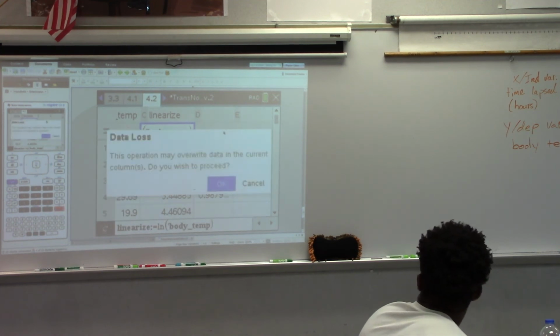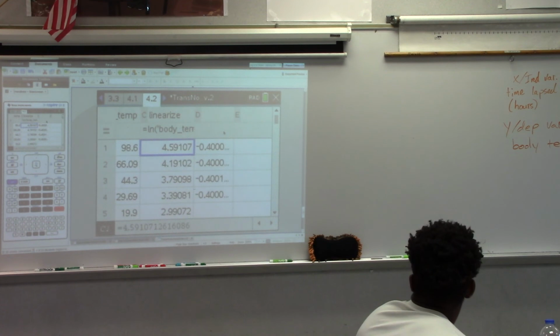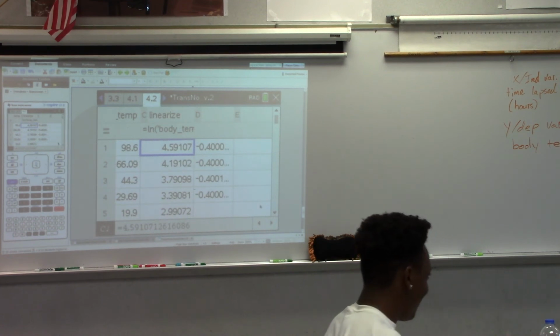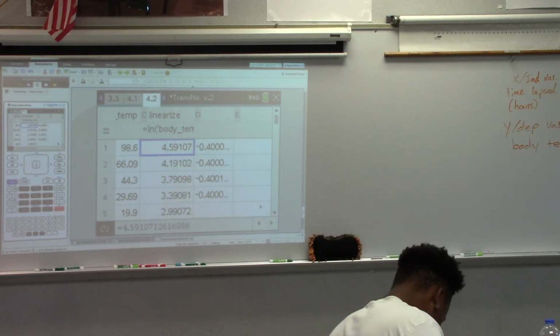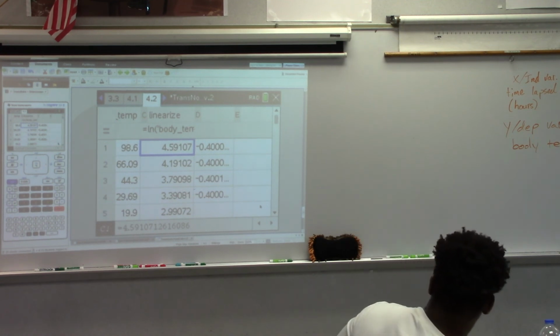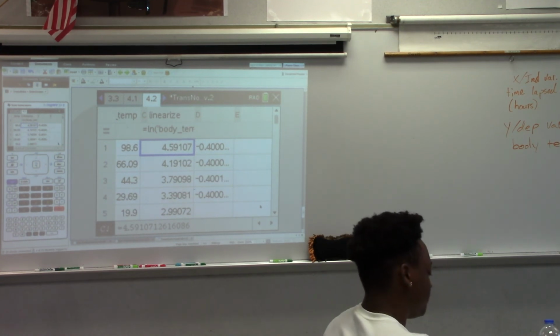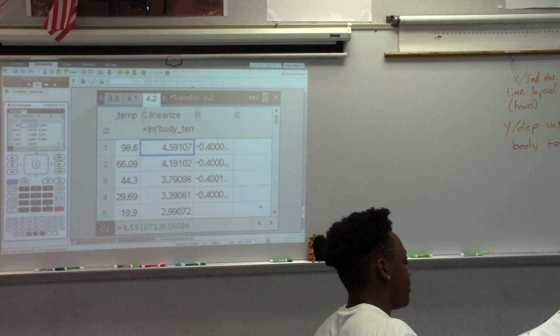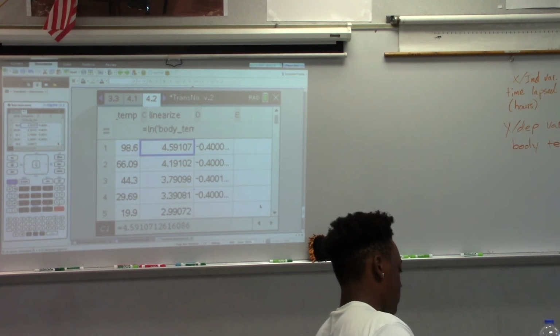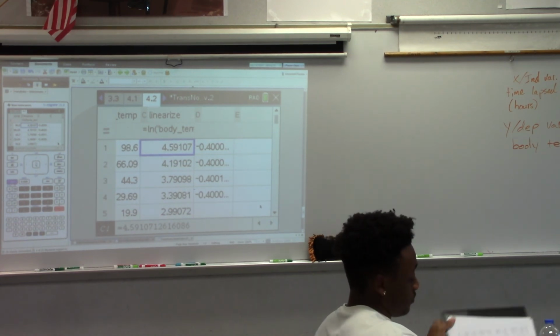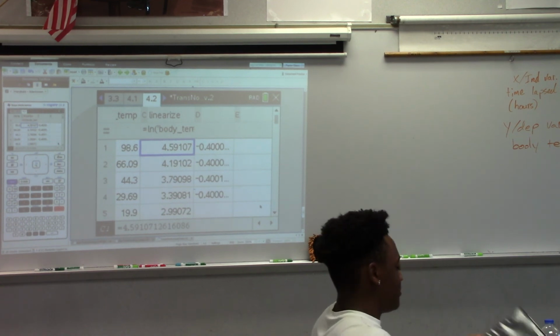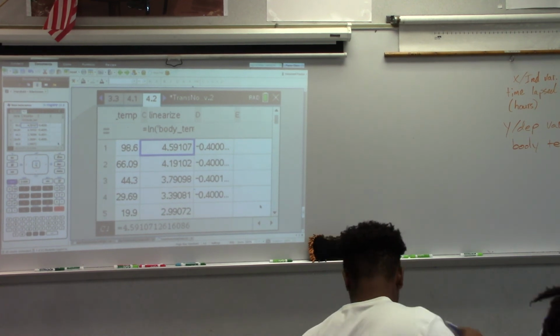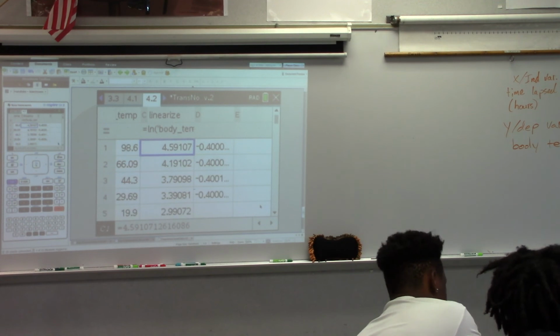We're going to overwrite data, and that's fine. Look at that! This is where we will stop, but I want y'all to notice, and we're going to get back into this tomorrow, the natural logarithm linearized what set of data? Exponential. I'm going to make a note to myself because we need to talk about how we should know it's exponential.